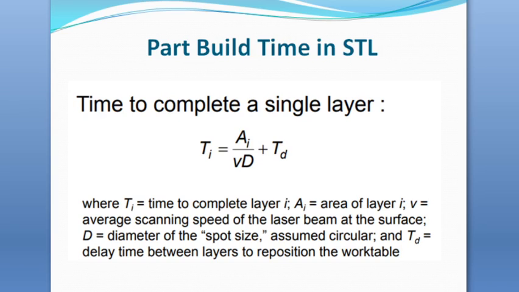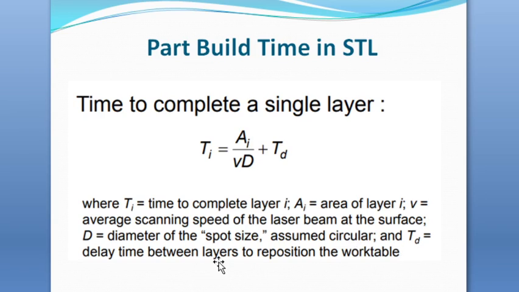Part build time in STL or SLA. To complete a single layer, the formula used is Ti = Ai divided by (B times D) plus Td. Ai is the area of the layer. B is the average scanning speed of the laser beam. D is the diameter of the spot size; the laser spot is assumed to be circular.